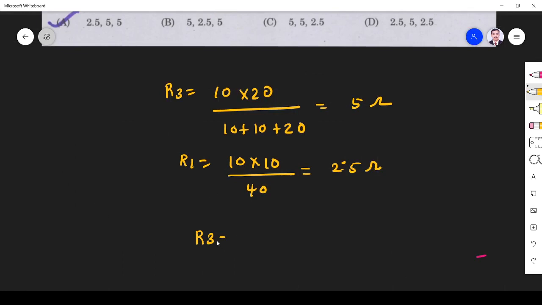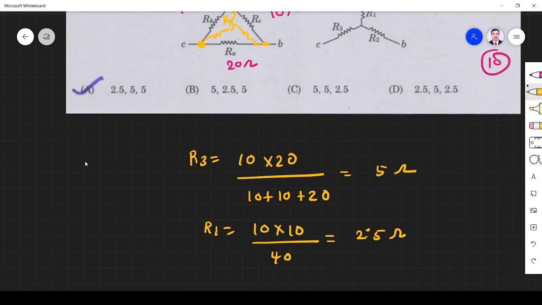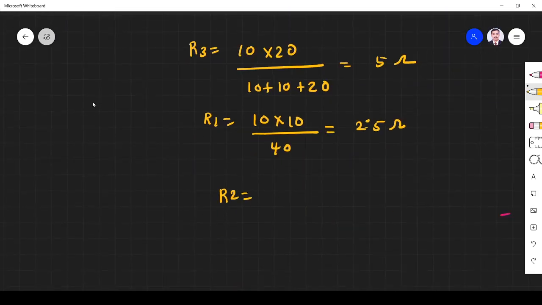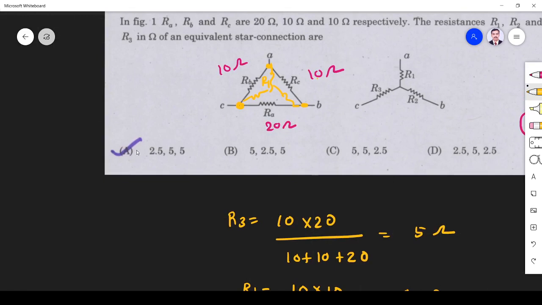R3 we found. So R2 we will find. What is R2? This one is R2. So what is the product of resistances connected with this arm? 10 and 20, divided by total resistance 40 ohm. So R1 2.5, R2 5, R3 5. What is the option? 2.5, 5, 5. Option A is the right answer.